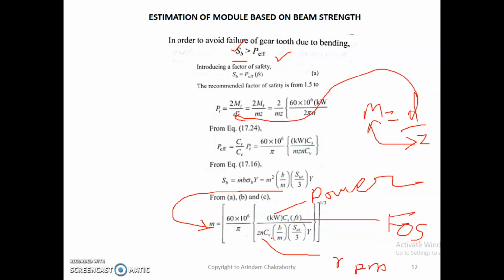SUT, we know, depends on the material; it may be ultimate strength or anything. And Y is your Lewis factor, as we stated earlier. After that, we can find the calculated module required for a gear, which helps us design a gear in an efficient way.